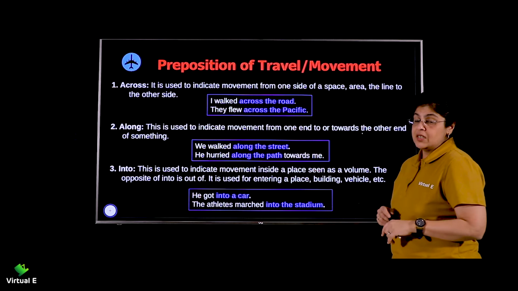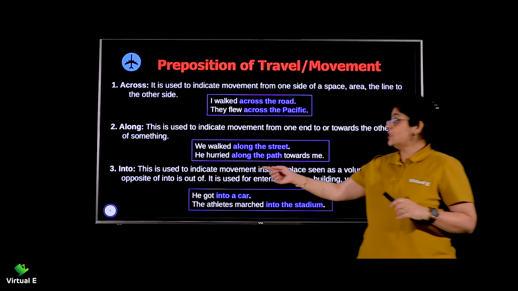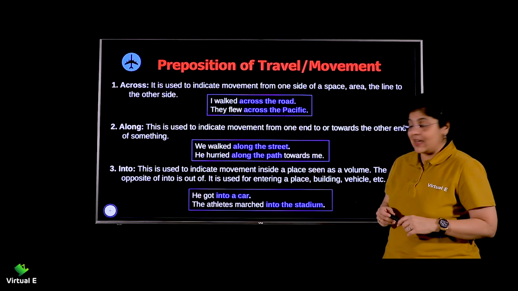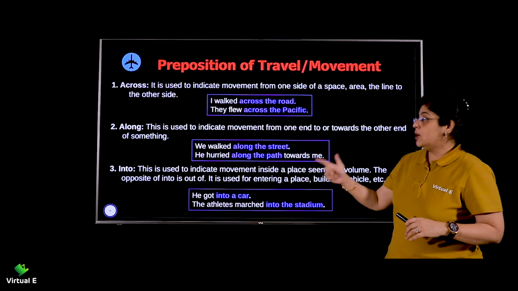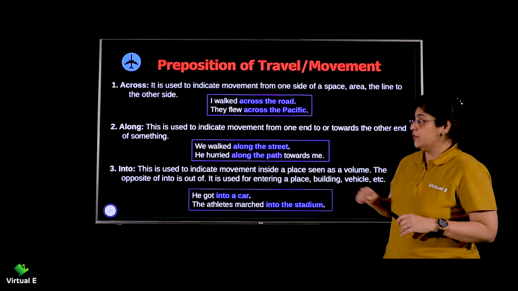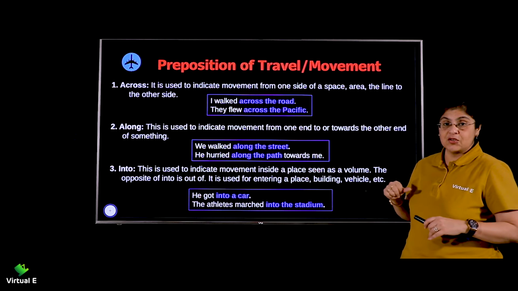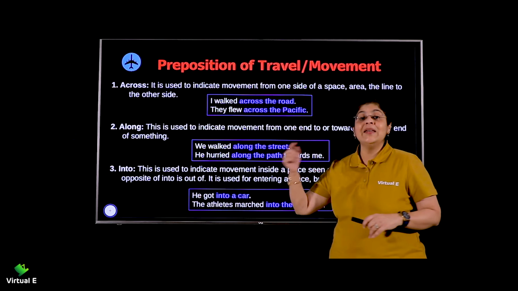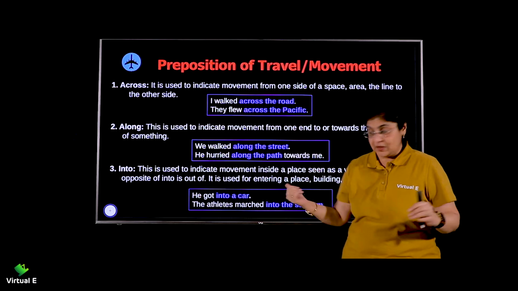Into, very important, the difference between in and into. This is used to indicate movement inside a place seen as a volume. The opposite of into is out of. It is used for entering a place, building, vehicle, etc. He got into a car. Inside something big, voluminous.